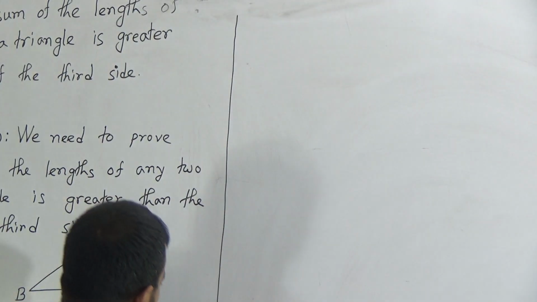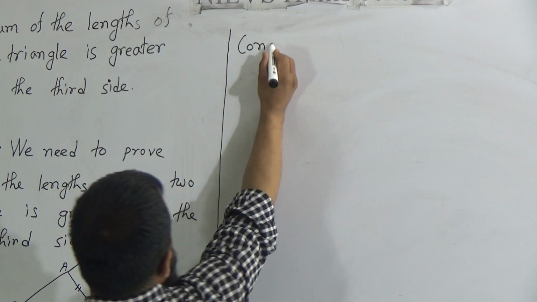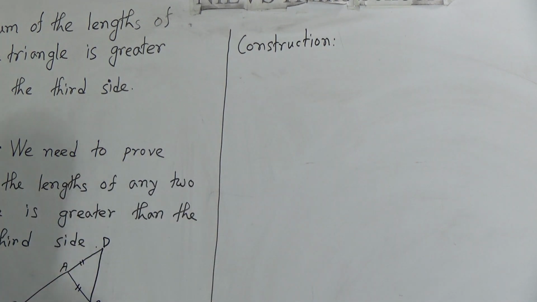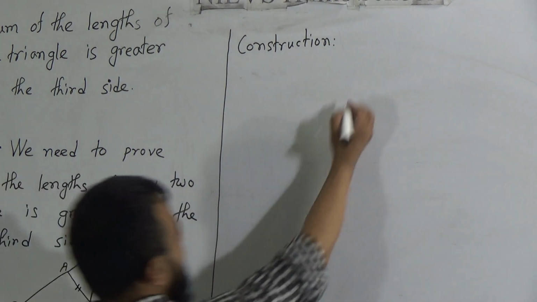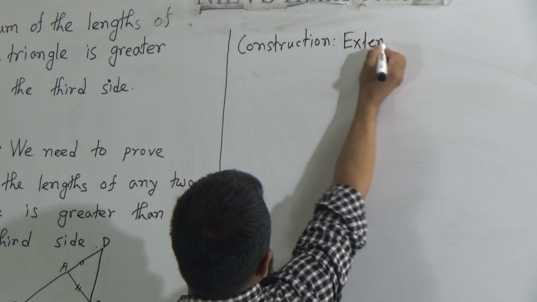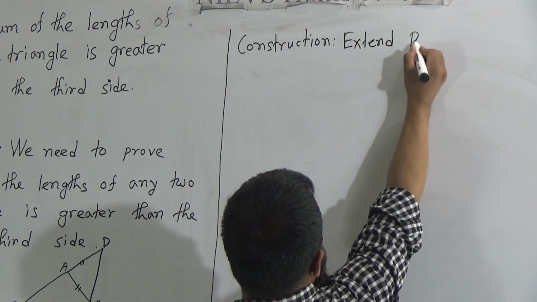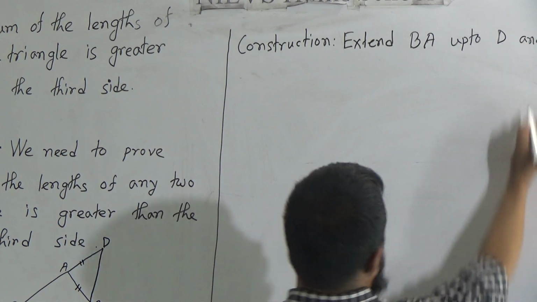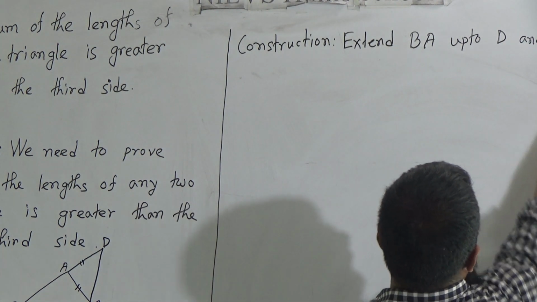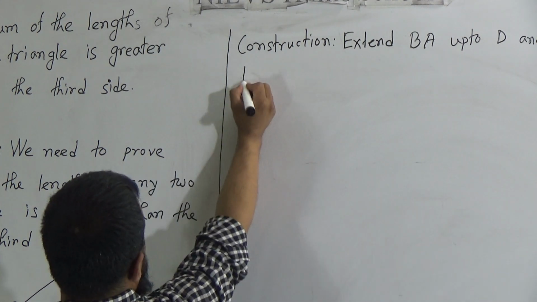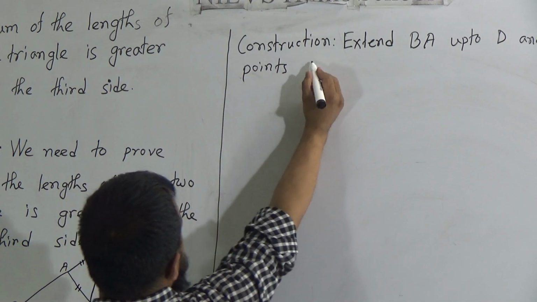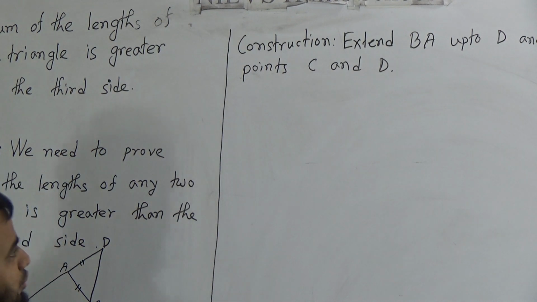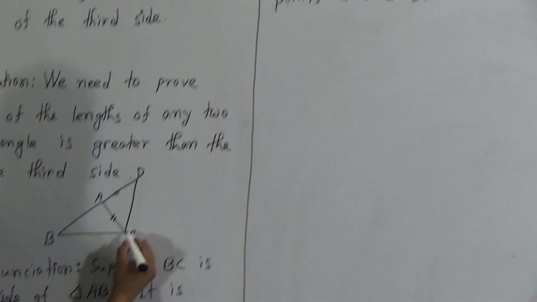The construction is easy: extend BA up to D, and join the points C and D.